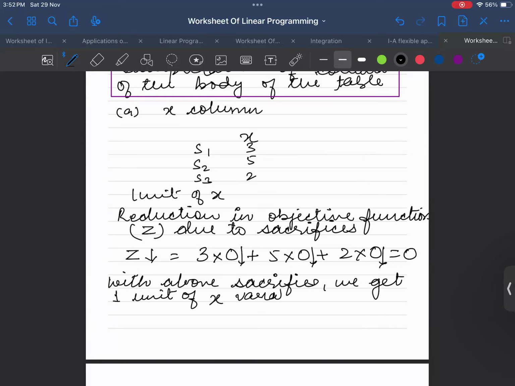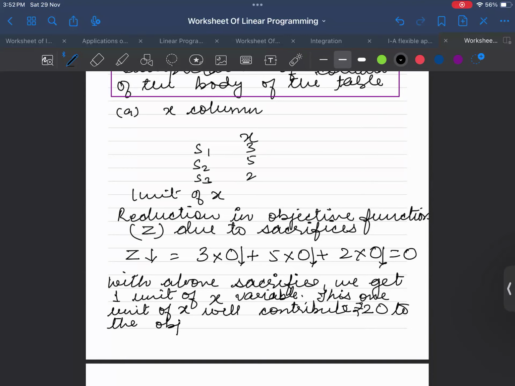I think it's clear. This 1 unit of x will contribute 20 rupees to the objective function.